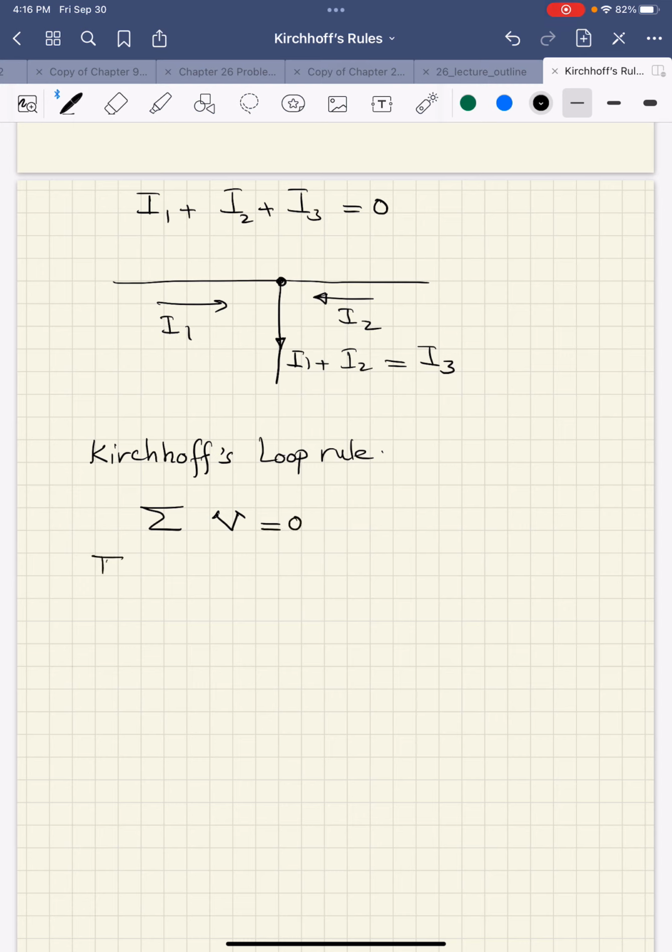Then the sum of the potential differences around any loop should equal 0.